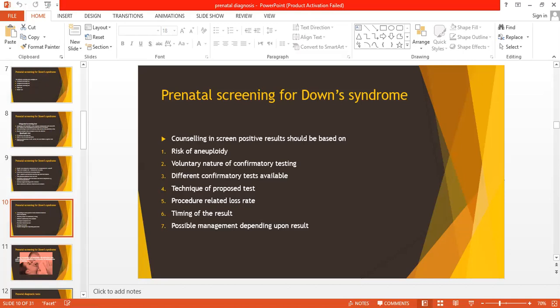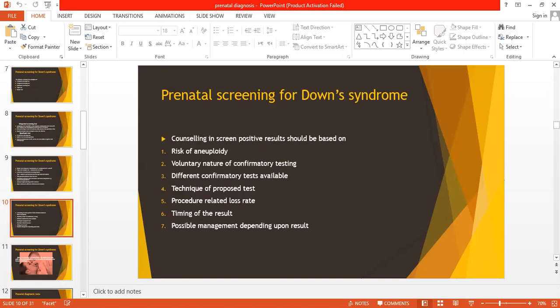If they want to do the confirmatory tests, they can go ahead, but if they deny, it's their choice. Then you explain the different diagnostic tests available, and you explain the techniques of the different diagnostic tests and their complications in detail.